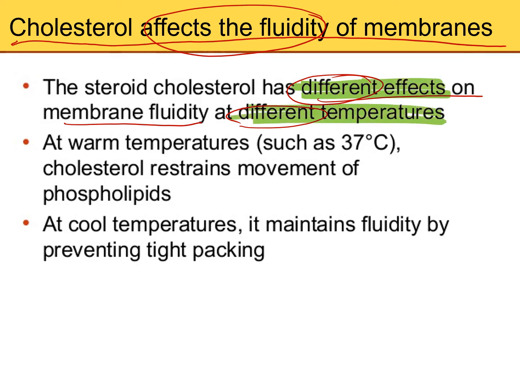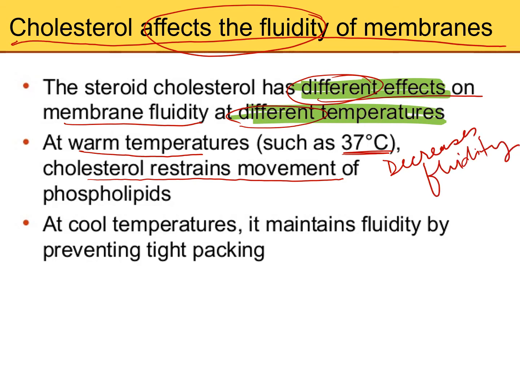It turns out that at warm temperatures, such as 37 degrees or higher, cholesterol restrains the movement. It prevents the phospholipids from moving too much, so it decreases fluidity.